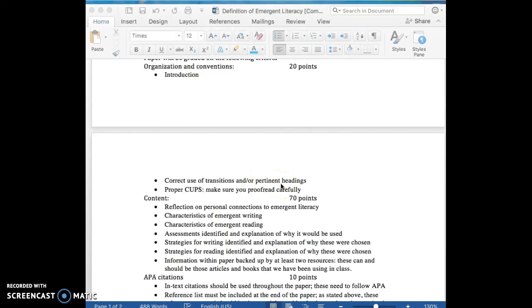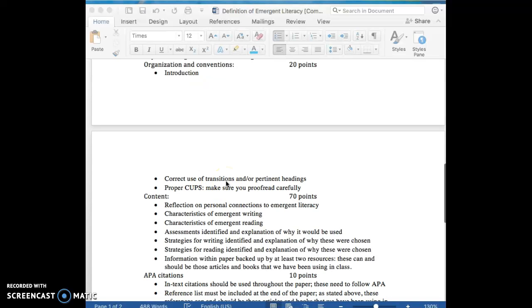Now the headings are going to be really important in this paper because you're going from topic to topic to topic. So when you switch topics, it's very helpful to me as the reader that you've given a heading. Transitions can be as simple as saying, in the next section I'm going to now talk about blank, whatever the next section is, and again that transitions me as the reader from one topic into the next topic, and that's just a sign of good writing.